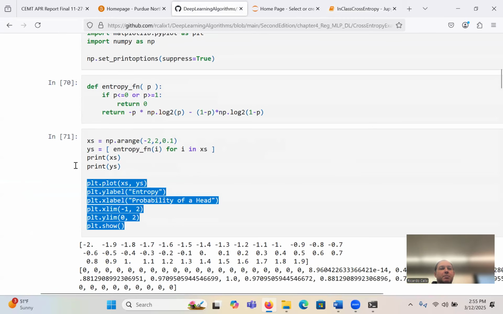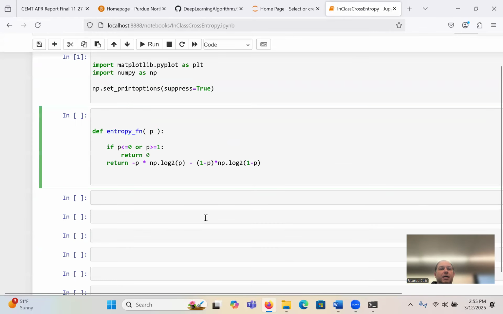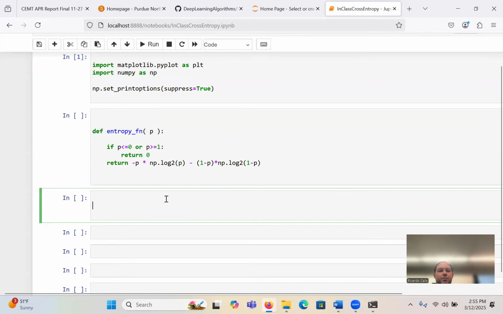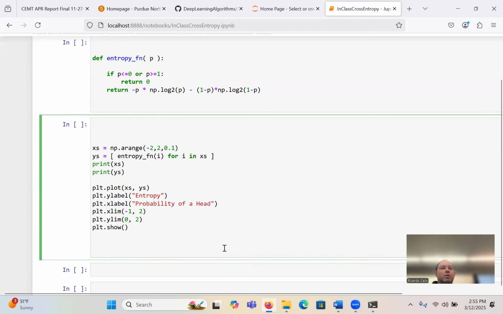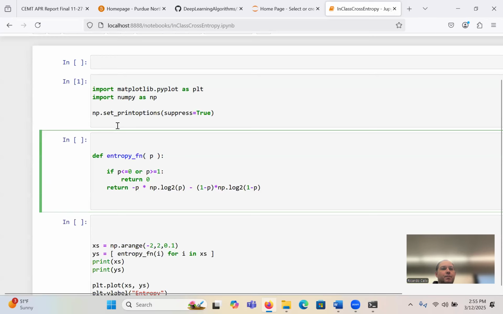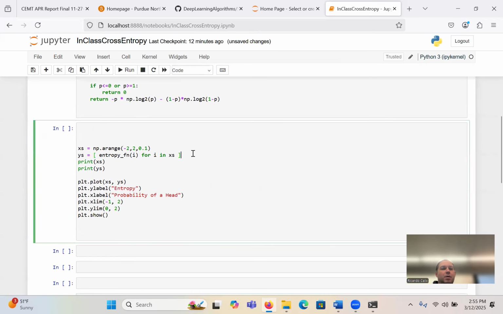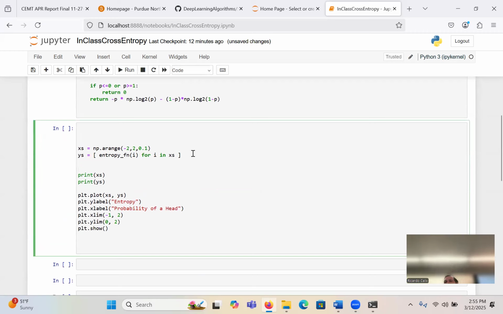So now the next thing I'm going to do is plot this data, using that function, the equation essentially. First of all, I need to run this one. Now, all I'm going to do is create a plot of values on the X and the Y axis.